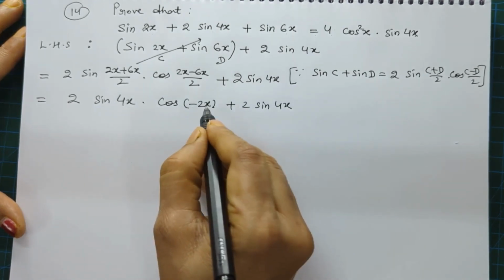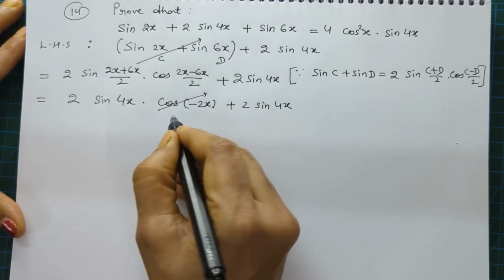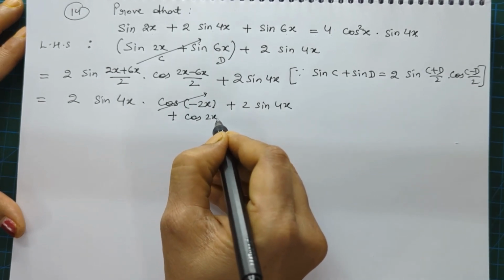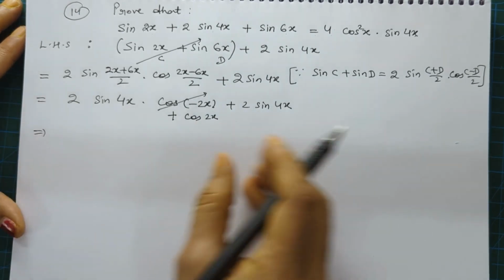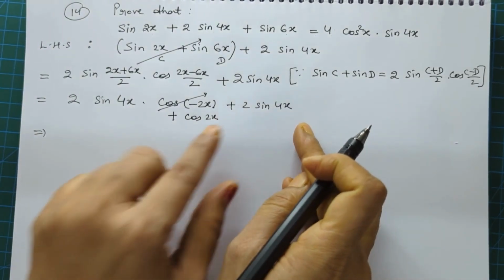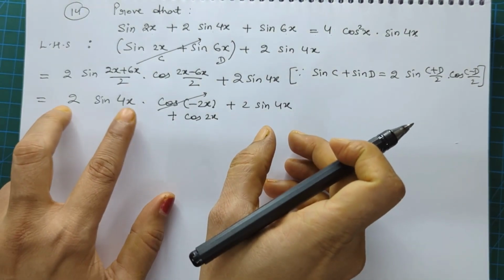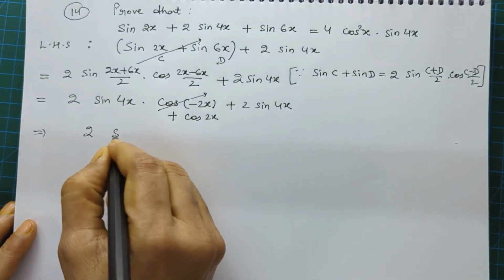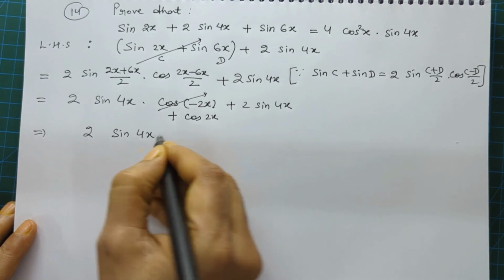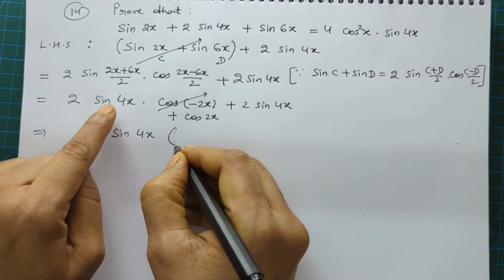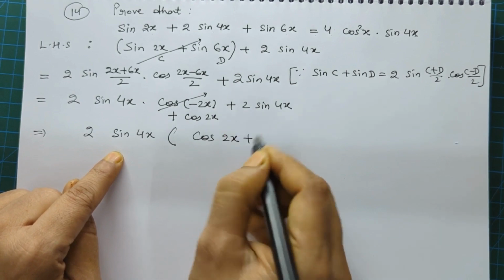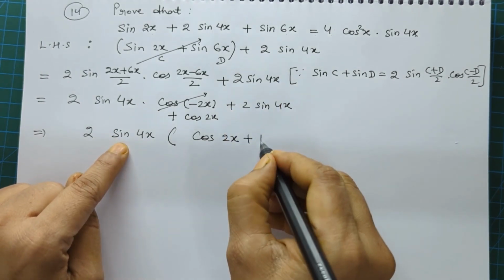Cos of negative: cos is an even function, so this will be positive cos 2x. Now what is the highest common factor in this expression? Highest common factor is 2 sine 4x. We will take it as a common factor, 2 sine 4x, and then we begin the bracket. This is out, so what is left is cos 2x. Then there is plus, this term is out, so here 1.